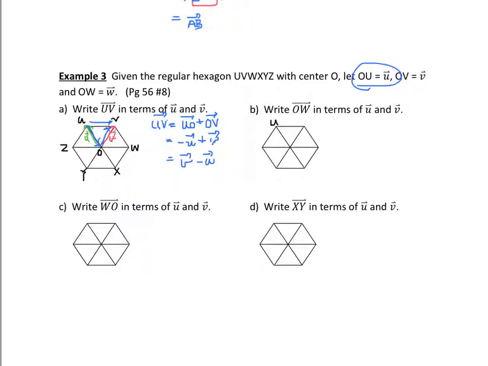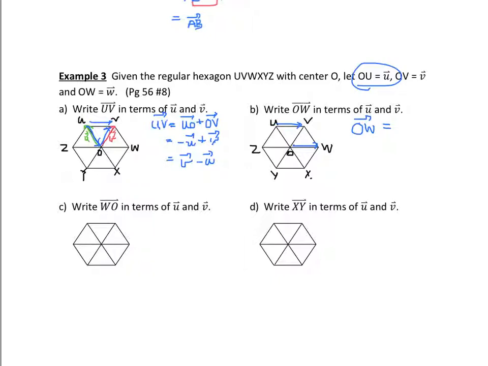Okay, next one, U, V, W, X, Y, Z, O. Now it says write OW in terms of u and v. So OW is here. Now OW is the same vector as UV.